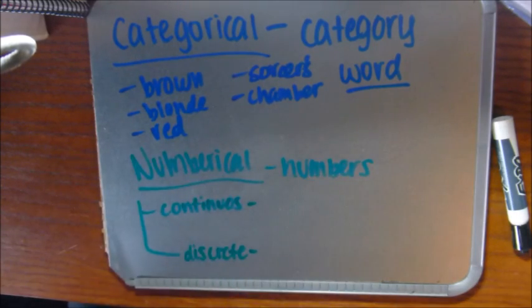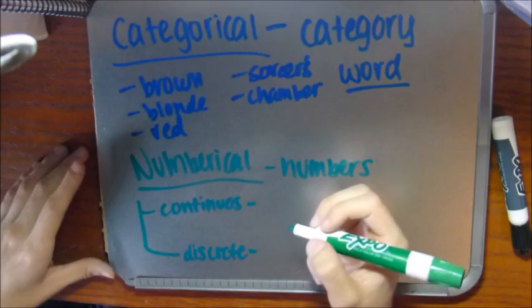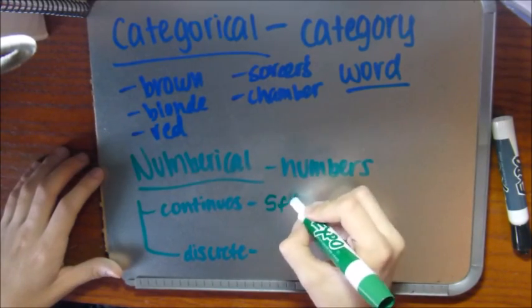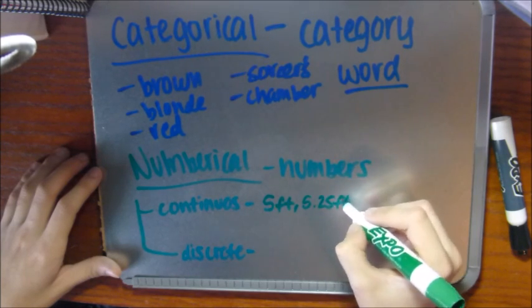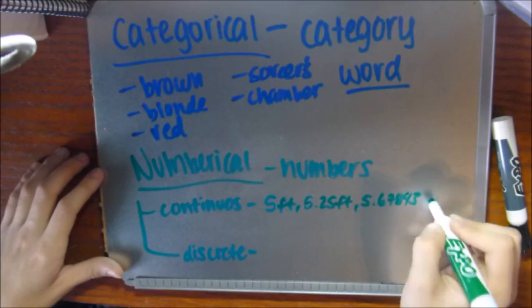The difference between these two: continuous, also like it sounds, is numbers that can go on past, let's say, 1 decimal point, or that just have repeating numbers. Like the height of someone, you could be 5 feet, 5.25 feet, 5.67843 feet.